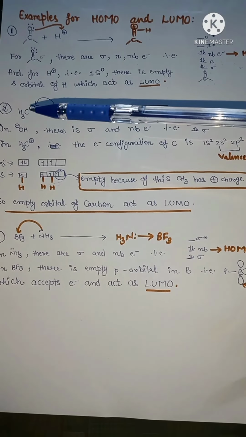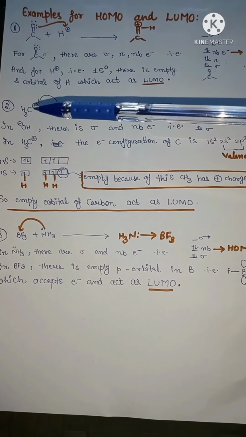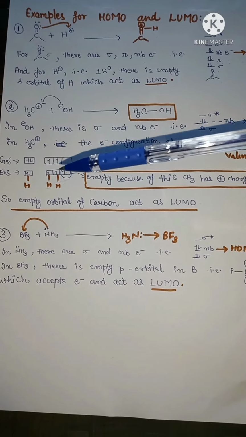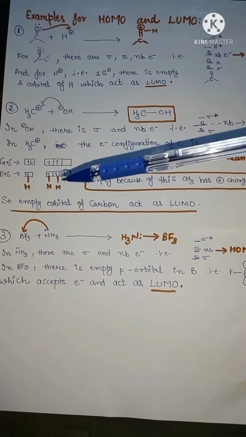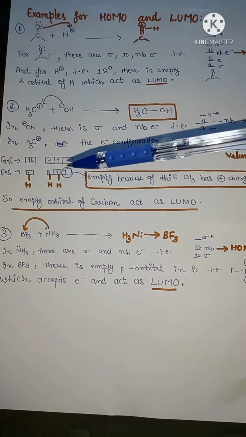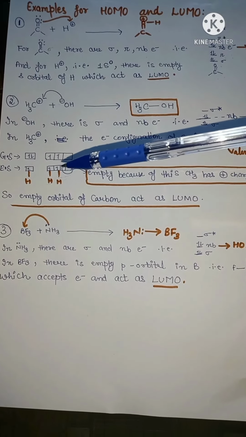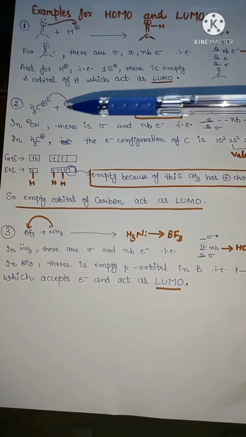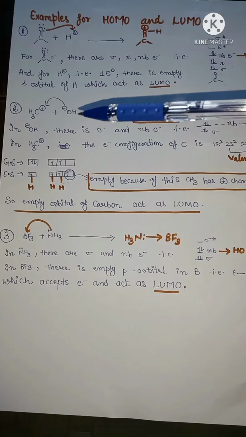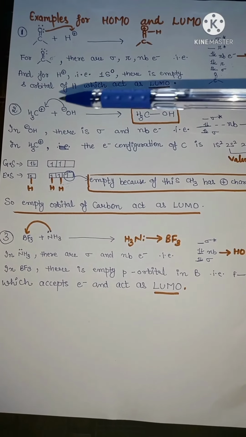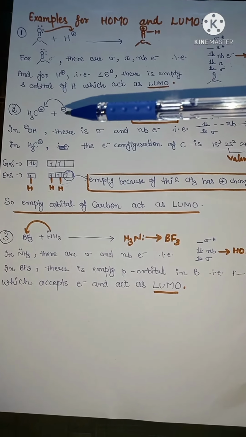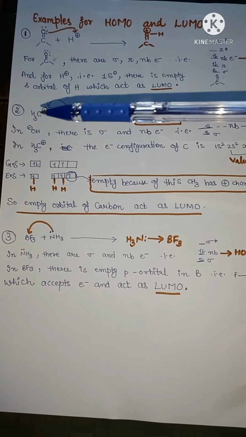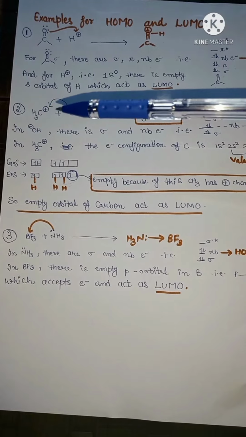Whereas in the case of CH3 positive ion, the carbon p orbital is empty. Here this orbital will be completely empty, and this orbital will be occupied by the electrons from the OH negative ion. So OH negative ion non-bonding electron will act as HOMO and carbon empty p orbital will act as LUMO.